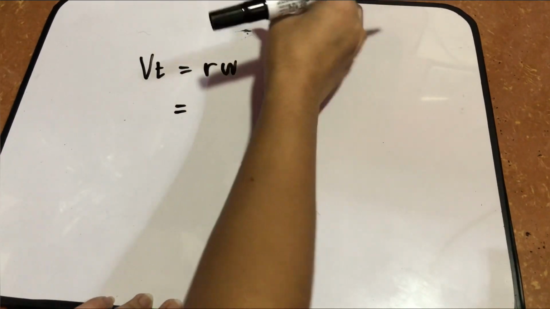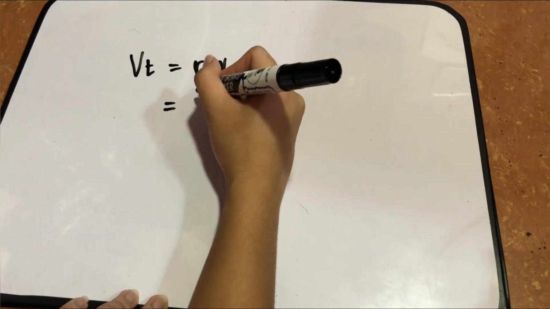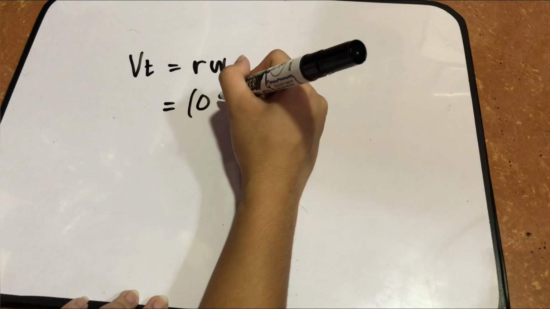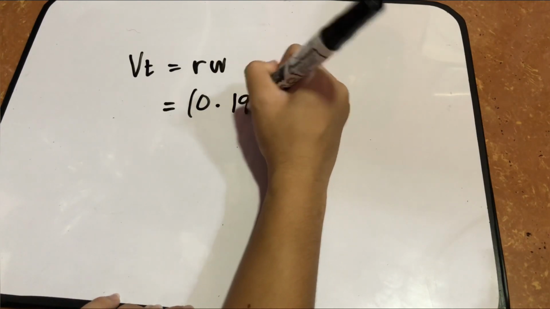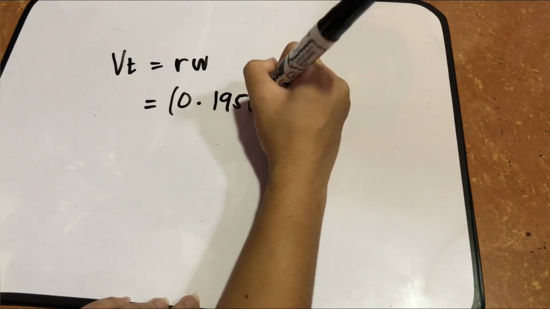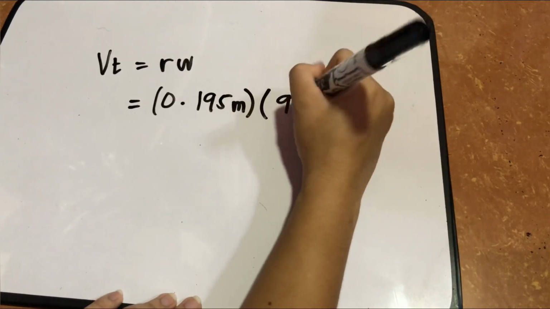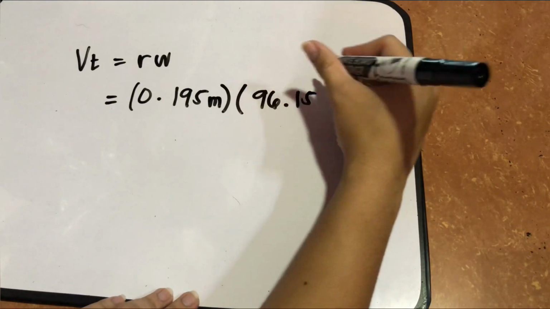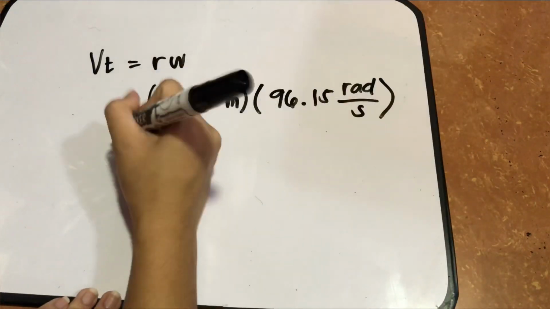So, kung sa RW kay 0.195 meter times 96.15 radians per second.